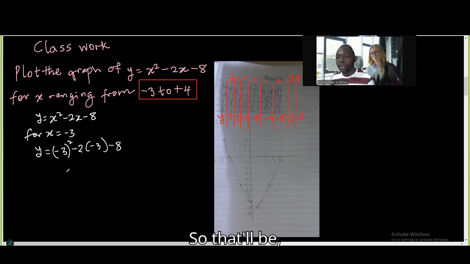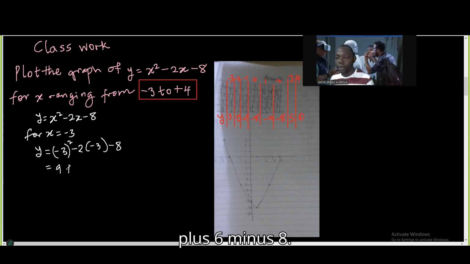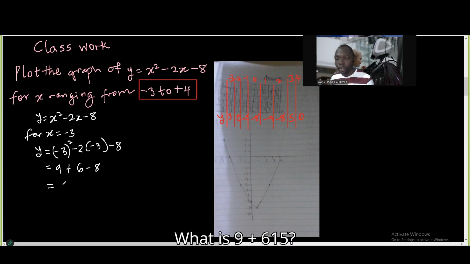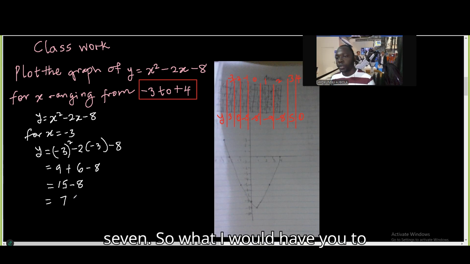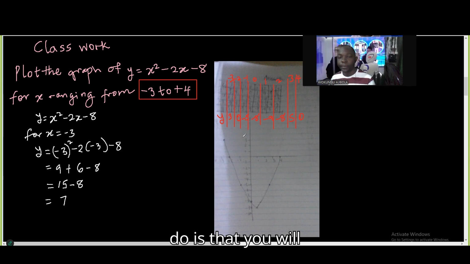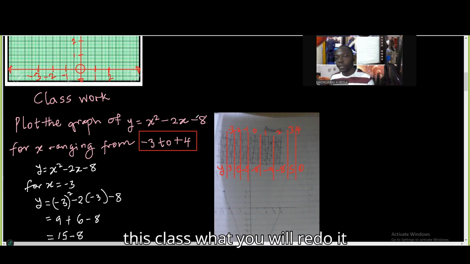So that'll be 9 plus 6 minus 8. What is 9 plus 6? 15. What is 15 minus 8? 7. So what I would have you do is redo this classwork.